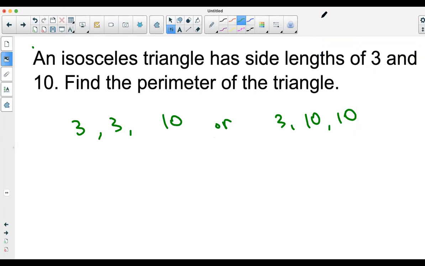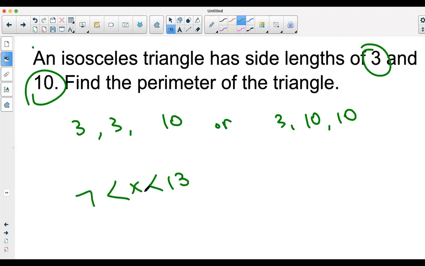By applying the triangle inequality. If I have 3 and 10, what do I realize about the third side? The third side, x, has to be less than the sum, which is 13, but greater than the difference, which is 7. x has to be between 7 and 13, so it cannot be another 3.